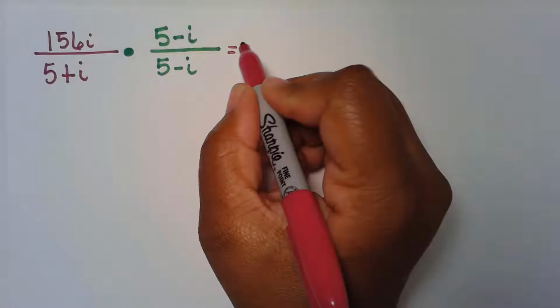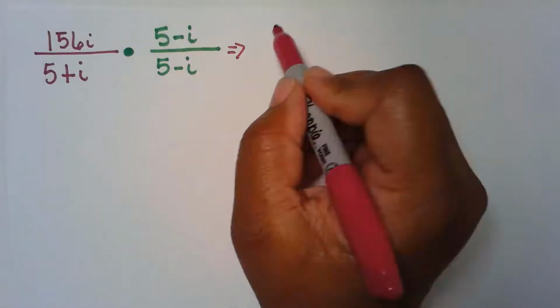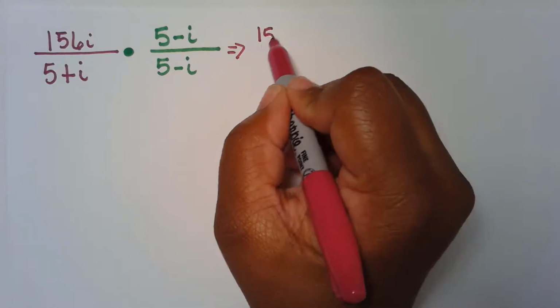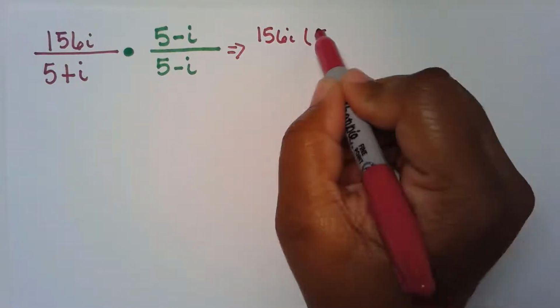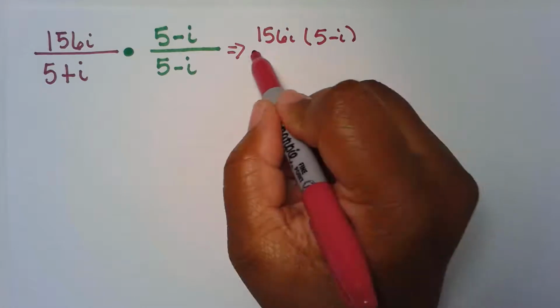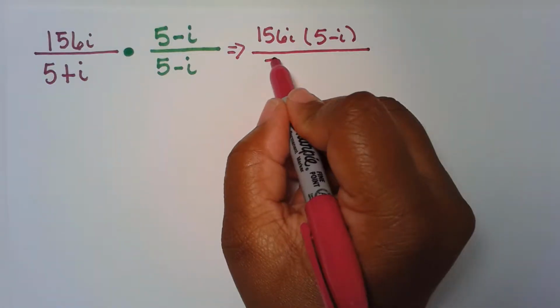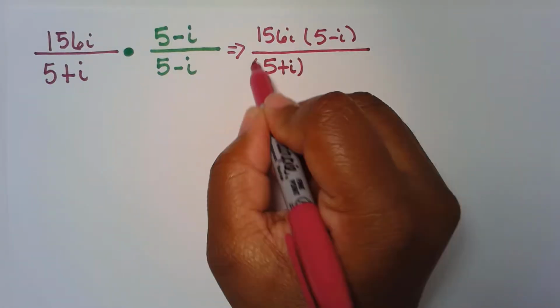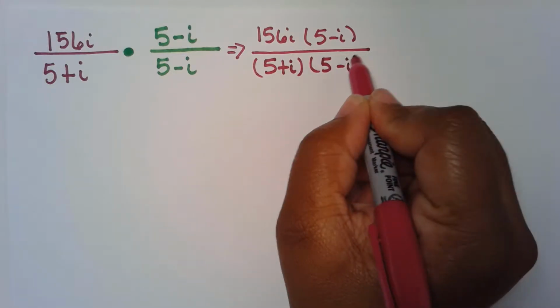Therefore, let's bring together our numerators, the factors we have. We have 156i times 5 minus i all over our denominator, 5 plus i times 5 minus i.